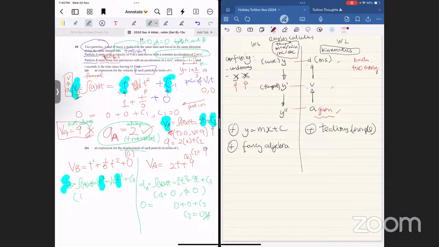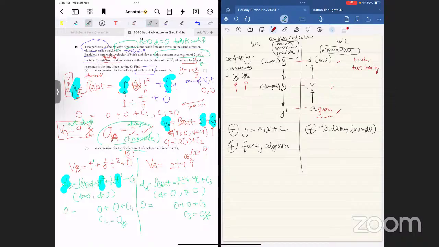Distance equals 0, because particle B, in this case, starts from 0, right? Great. Now, what is supposed to be written for them so that they're happy? 0 equals 0 plus 0 plus C4. Then, making them happy, C4 is also 0.